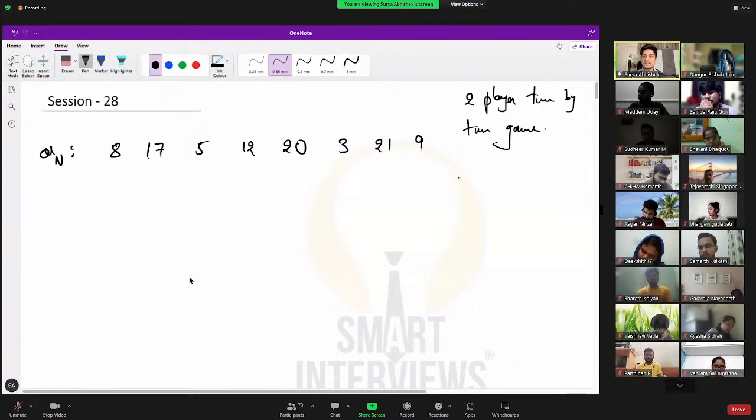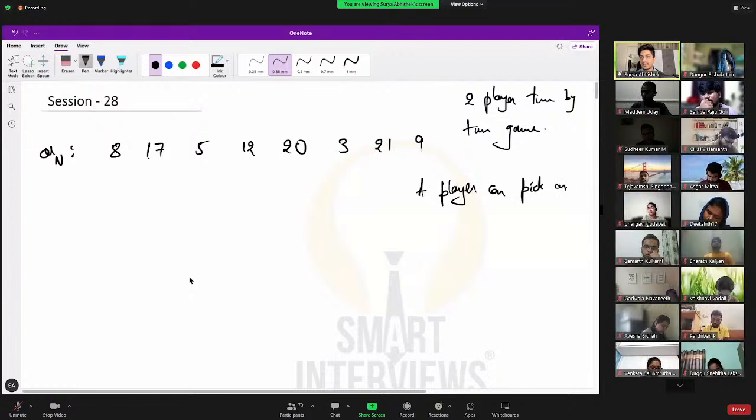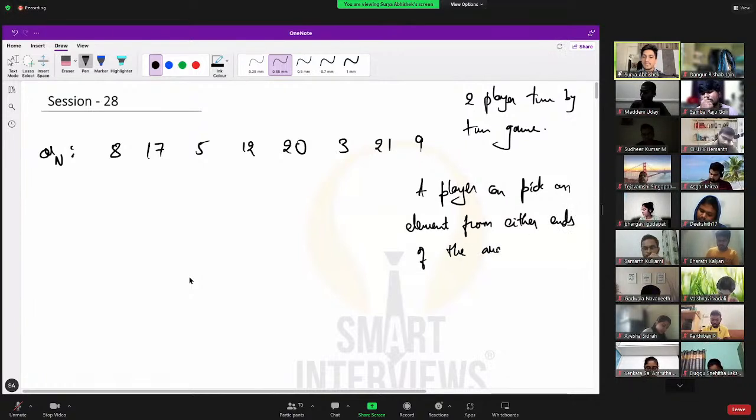In any player's turn, a player can pick an element from either end of the array. A player can pick an element from either end of the array. It means whoever plays first can either choose to pick 8 or 9.